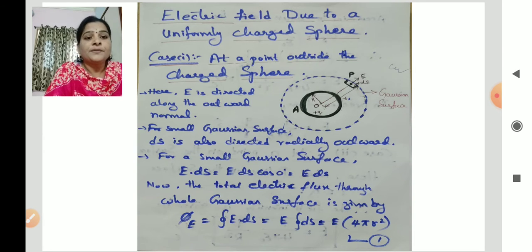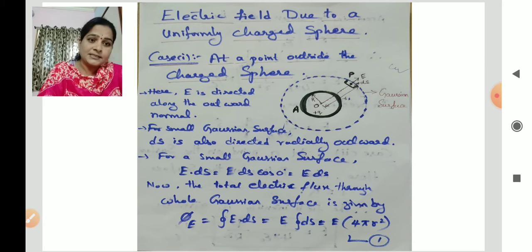The total Gaussian surface is shown with a dotted line. Now I am assuming a small area on that Gaussian surface, that I denoted as ds, shown in the figure with red, and we have to find the electric field intensity due to this small elemental area ds at point P.